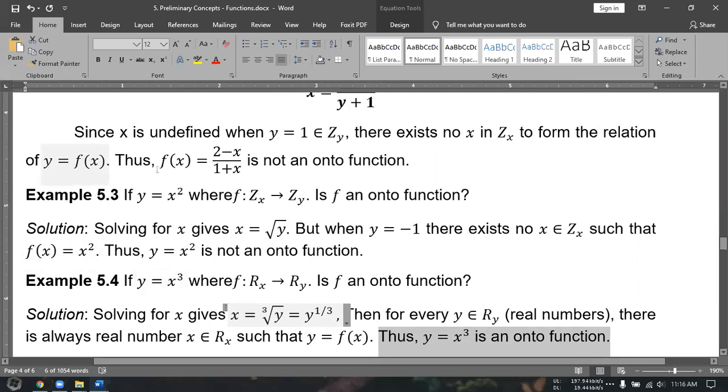For example, this one is a rational function. Then we have this. And then we have the radical function.